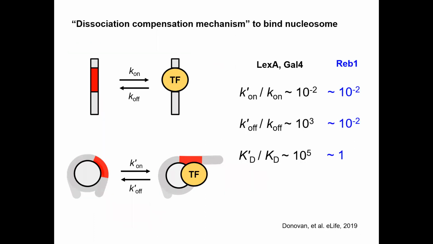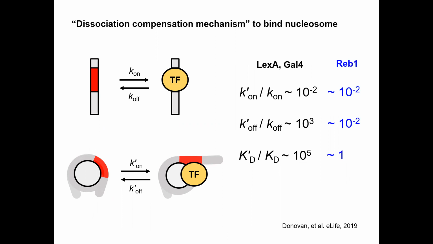How about K on and K off? What we found is that, similar to the other factors, the K on of Reb1 is also reduced by 2 orders of magnitude on nucleosome. So there's nothing special there. Reb1 also has a hard time finding the binding site. But what is dramatically different is that now the K off is also reduced by 2 orders of magnitude.